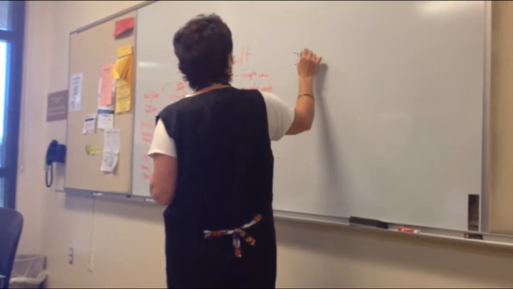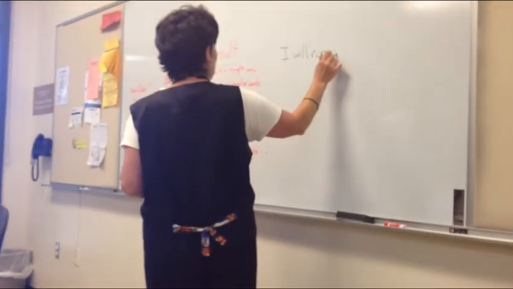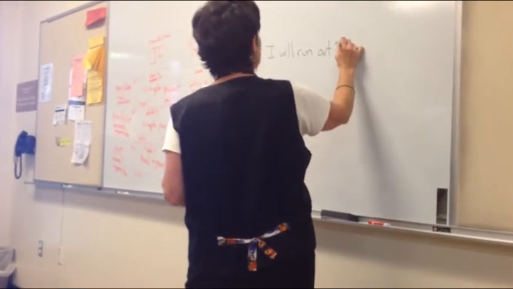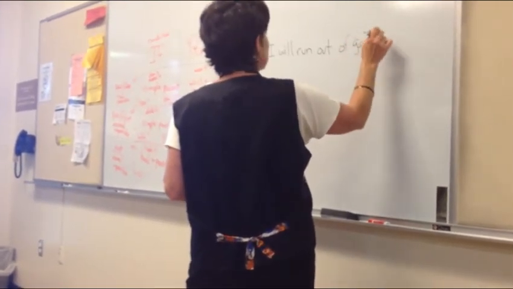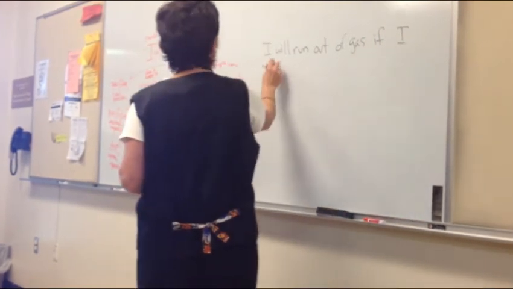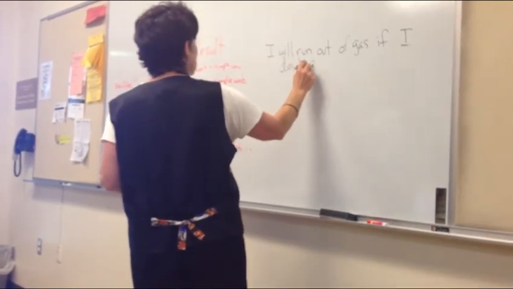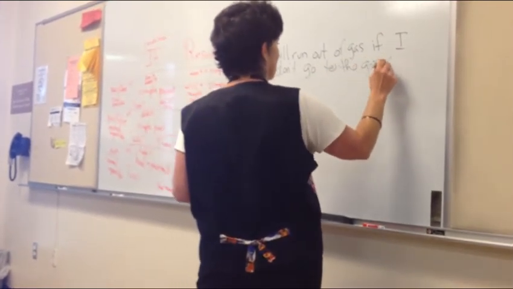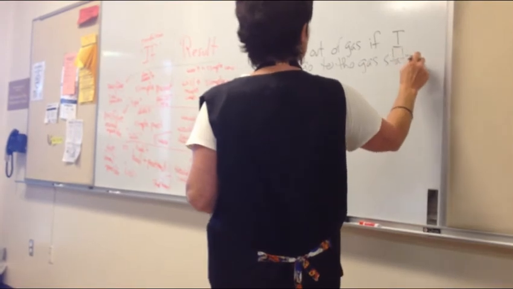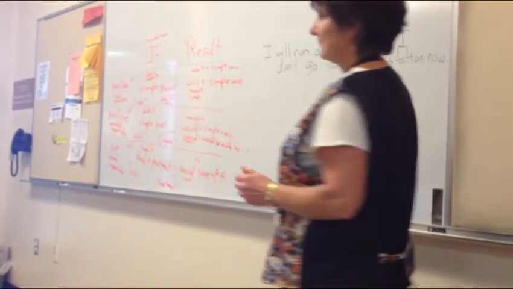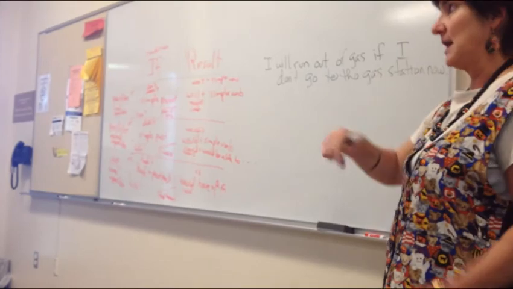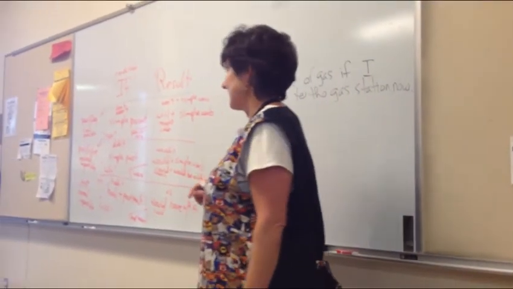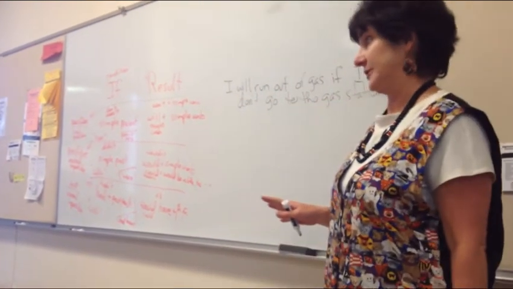I will run out of gas if I don't go to the gas station now. There's one. It's on empty, and I will run out. Or I could say I might run out. I will run out of gas if I don't go to the station.